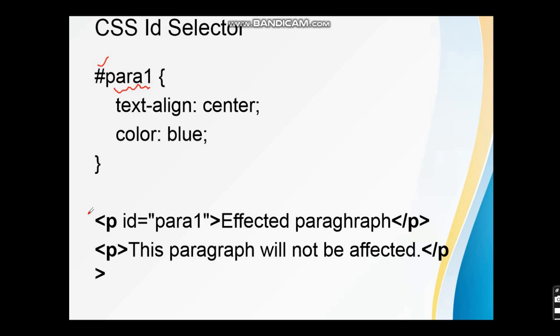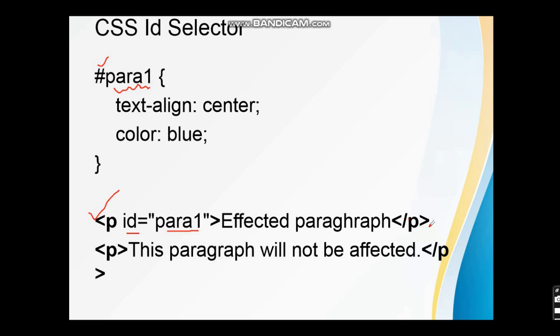So here you can see the example. This is my paragraph or P element. Here I have taken the attribute ID, which is the CSS ID selector acting as an attribute in this element. P id equals para1. Here we are making use of this ID selector, that's why this paragraph will be affected.